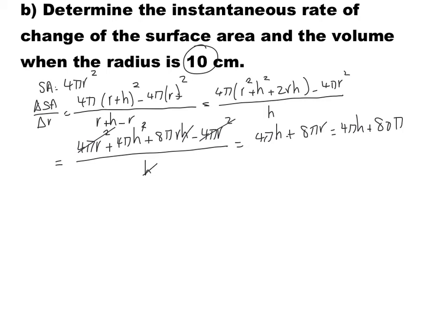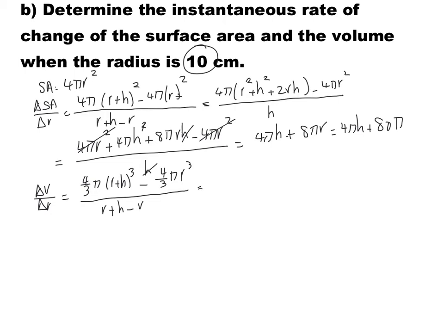Now the next part of the question says find the instantaneous rate of change of volume. We do exactly the same thing. We say delta V over delta R is equal to 4 over 3 pi times r plus h cubed, minus 4 over 3 pi r cubed, over r plus h minus r.